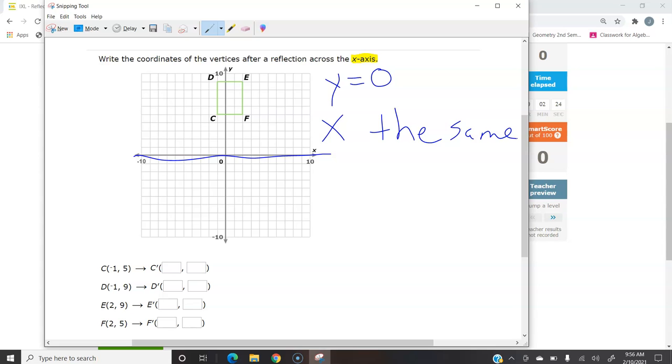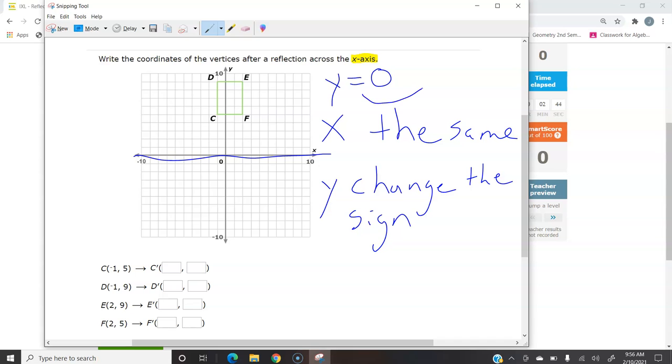What we're going to do with the y is we're just going to change the sign, okay? So when you see the word axis and you see a letter next to it, that is telling you which letter to keep the same.